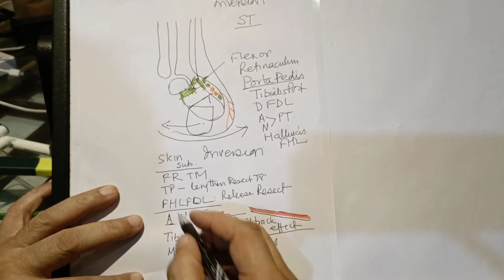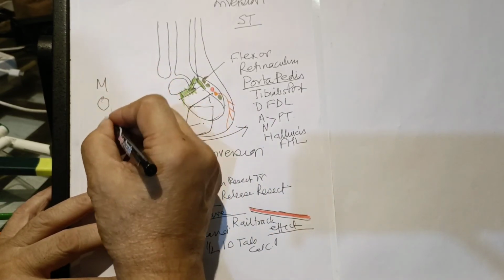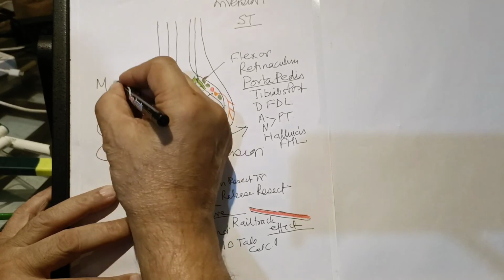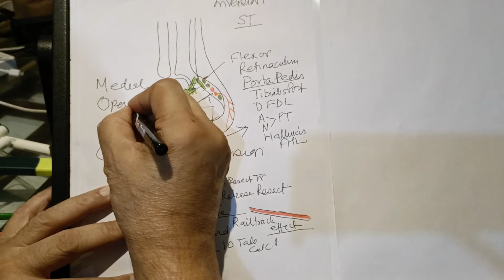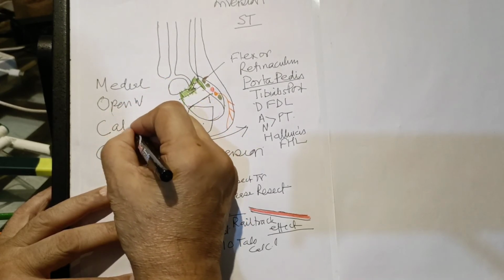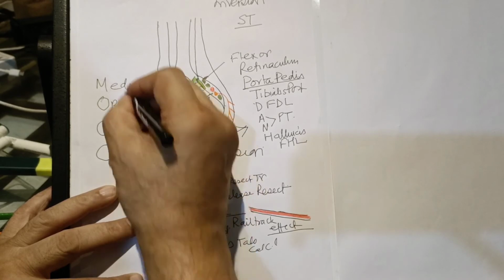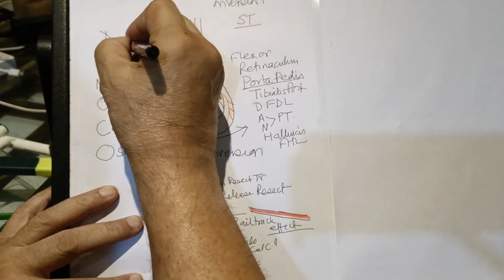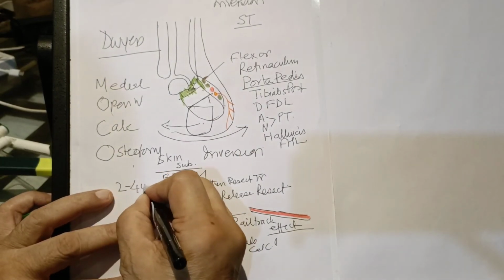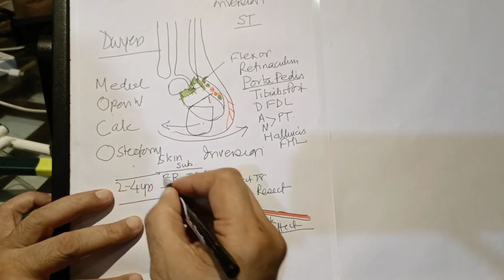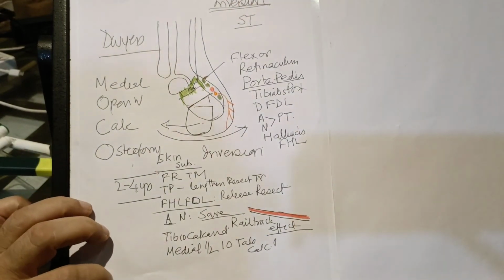So this is called medial open wedge calcaneal osteotomy, MOCO. And this operation is called Dwyer's operation, and it is done from 2 to 4 years of age. So this is what you do to correct inversion.